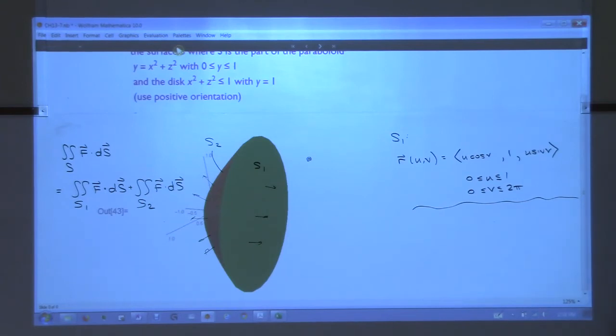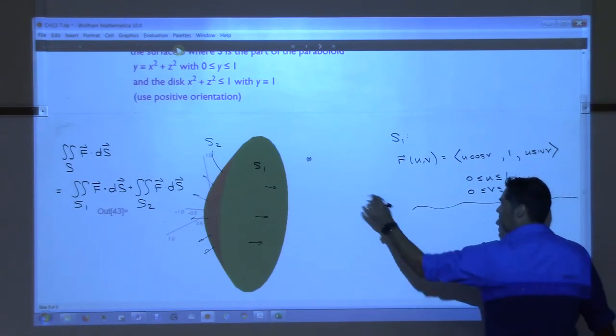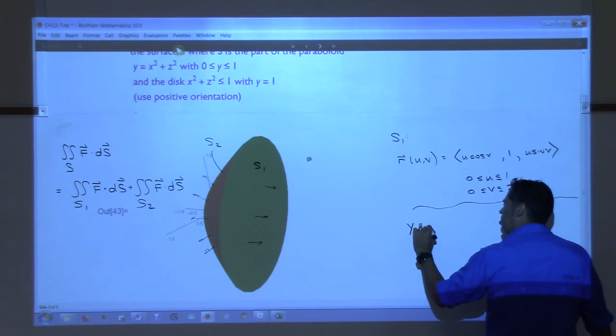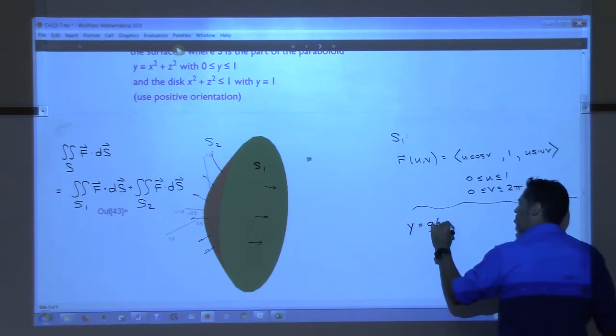Another way is to look at that surface S1. Is it a function of two variables? Yes, we could look at S1 as y being some function of x and z.